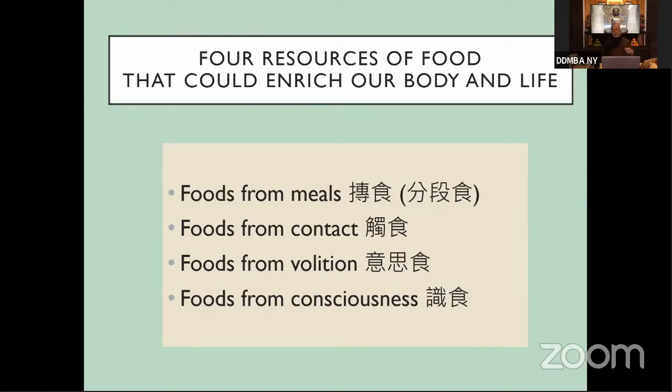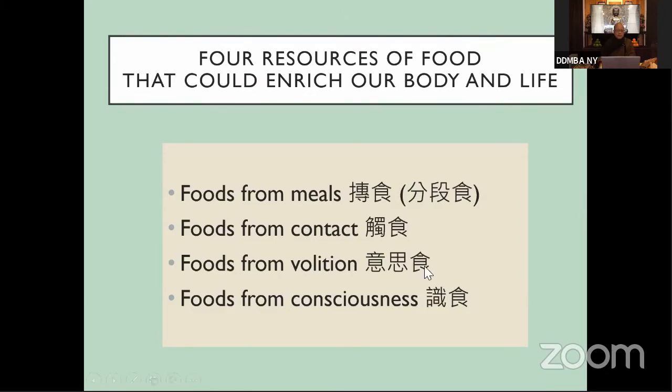The first one is food from meals, like vegetables, proteins, vitamins, and so on, to feed our body so that it has energy to function well. For ordinary people, we need to eat every day.